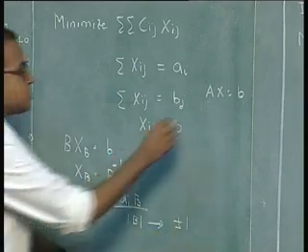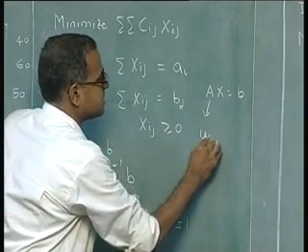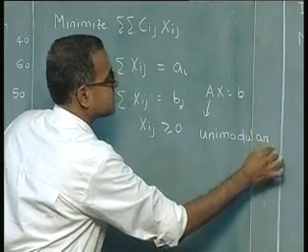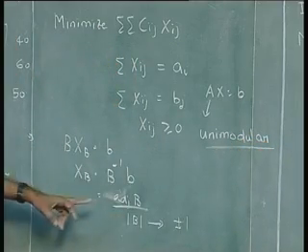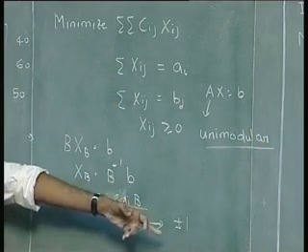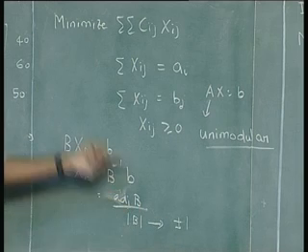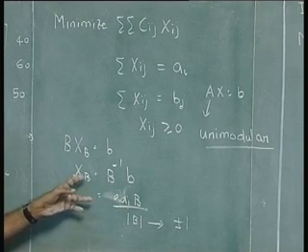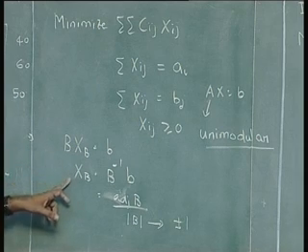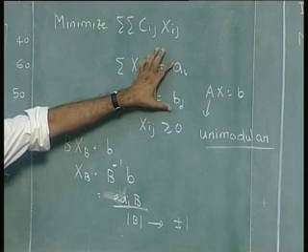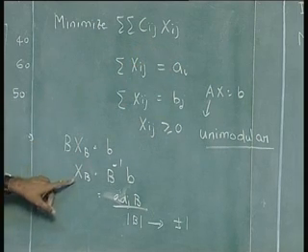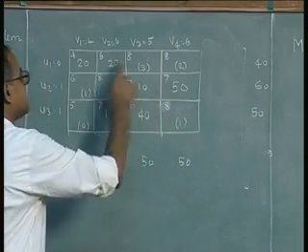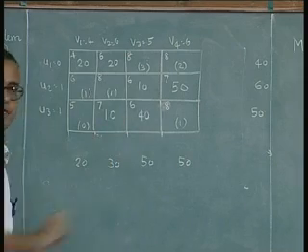Or we can show that this A matrix is unimodular, and because this A matrix is unimodular, every B will have determinant B equal to plus or minus 1, and therefore xB will be integer valued. If ai's and bj's are integers, then xB will be integer. So if the supply and demand points are integers, then every solution here will be integer.